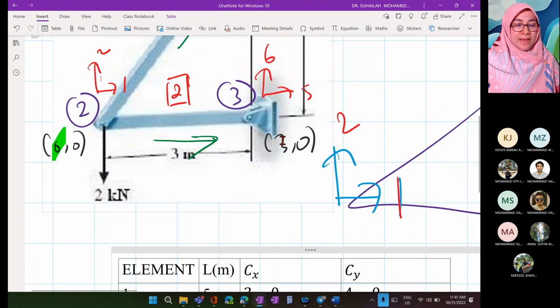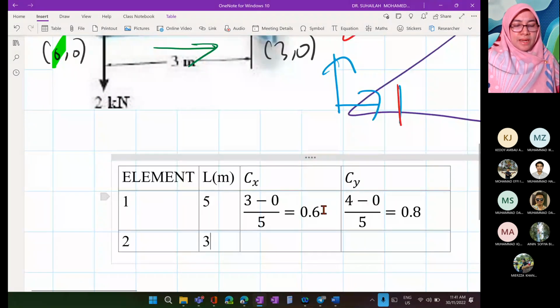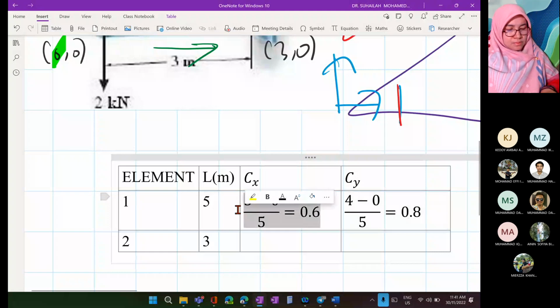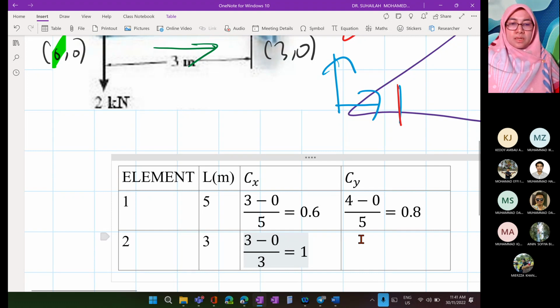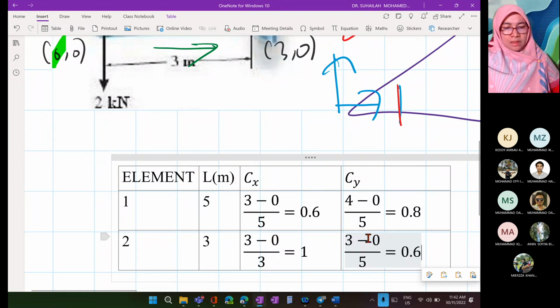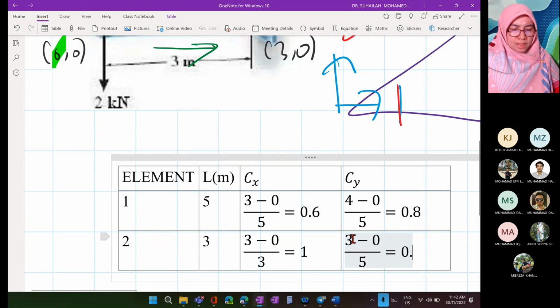So it is 3 minus 0, divided by 3, and this is equal to 1. For the Cy value, look at the y coordinate. It is 0 minus 0, divided by 3, and this is equal to 0.